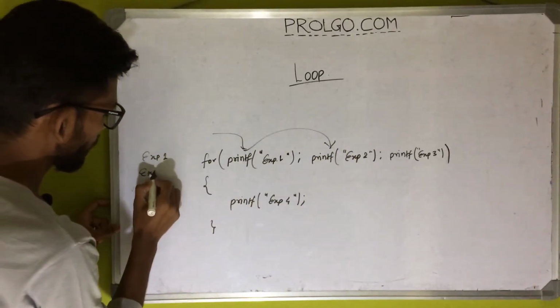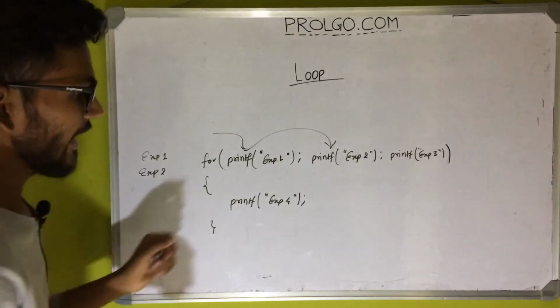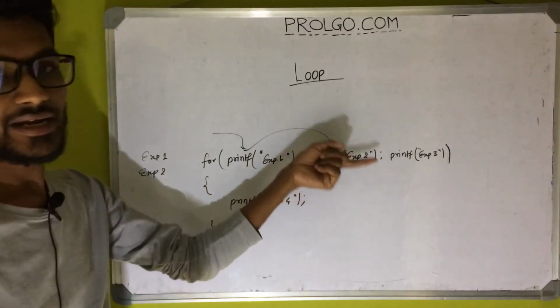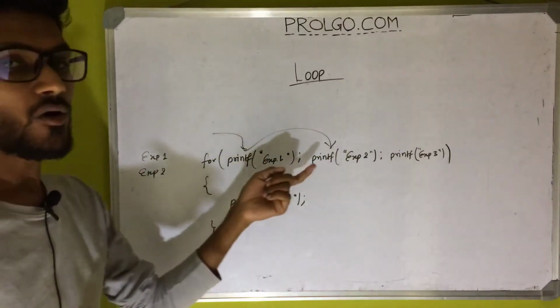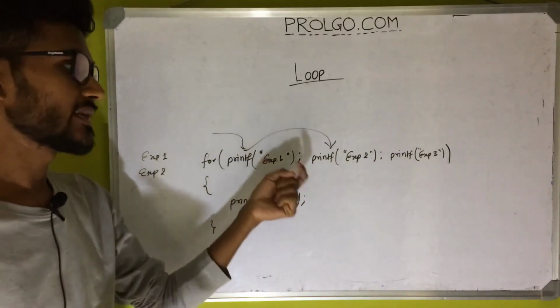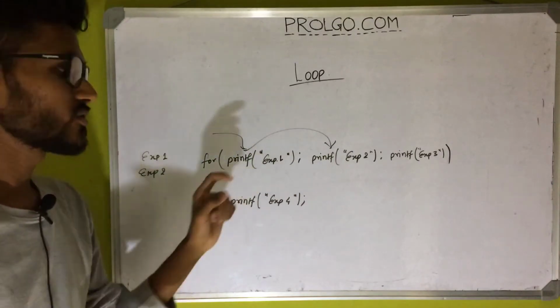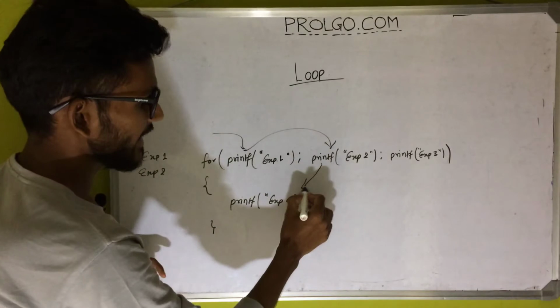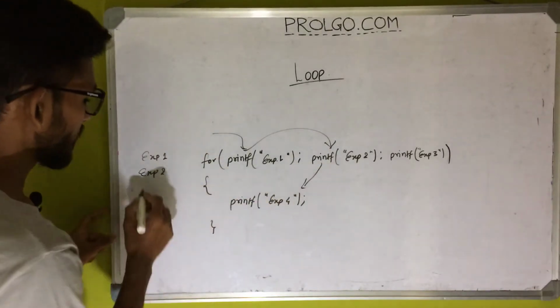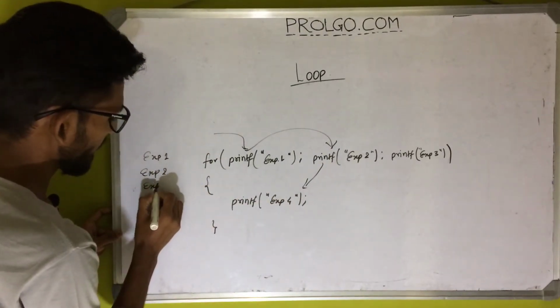Expression 2. If it is true, then it will come inside. If it is false, it goes outside. And every function, including the printf statement, returns some value, so it is always true. So it means the control will come inside, and then expression 4 will be printed.